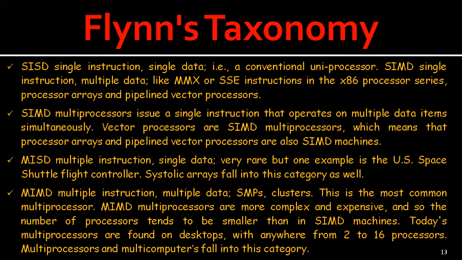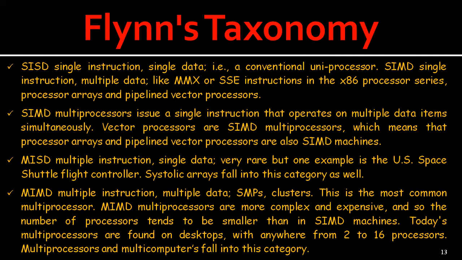In this taxonomy, a machine is classified by whether it has a single or multiple instruction streams, and a single or multiple data streams. An instruction stream is a sequence of instructions that run through the processor, and a data stream is a sequence of data items that are computed by a processor.